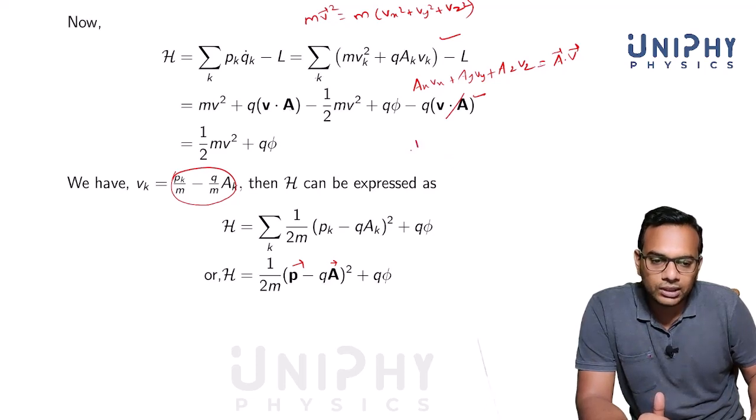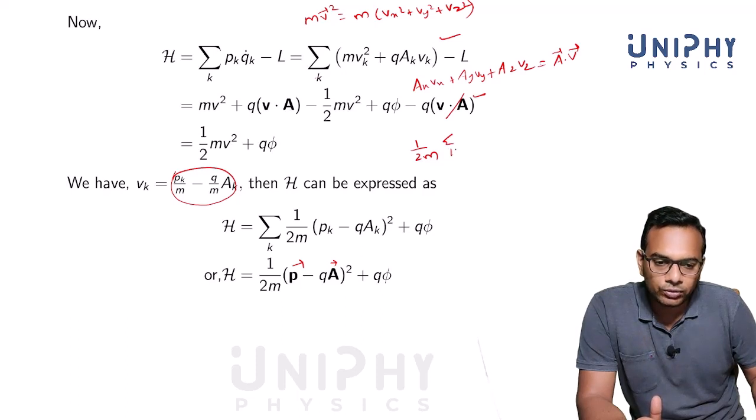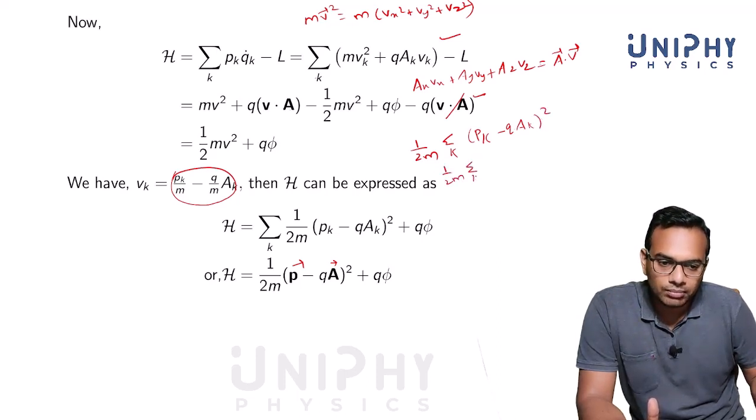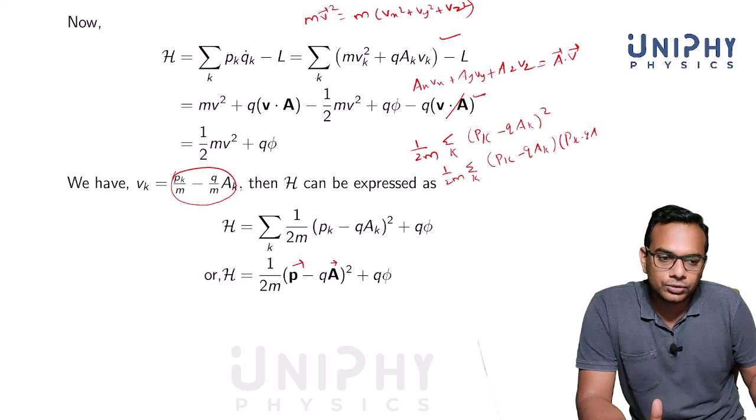Let's pull this 1 by 2m outside. So what we have here is summation over k of Pk minus Qak whole square. What does this mean? This means 1 by 2m sum over k of Pk minus Qak multiplied by Pk minus Qak.